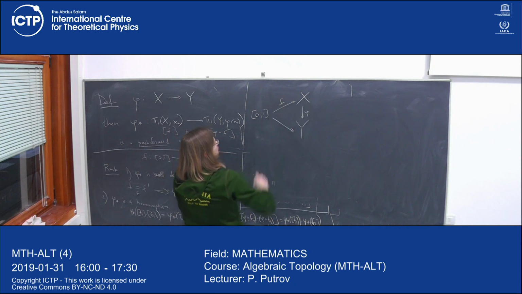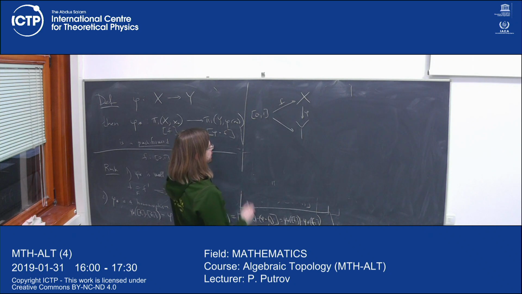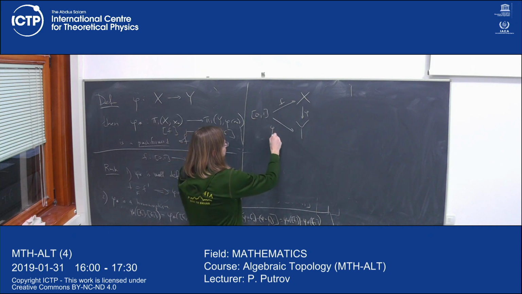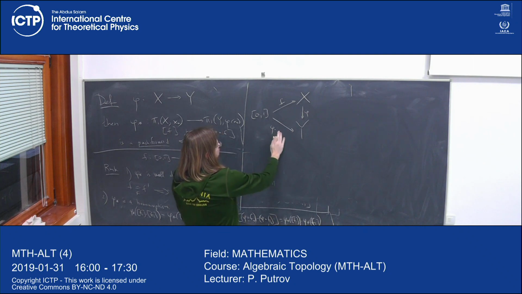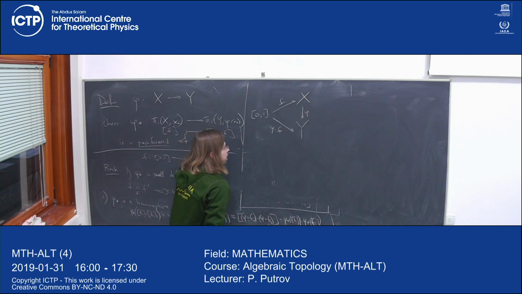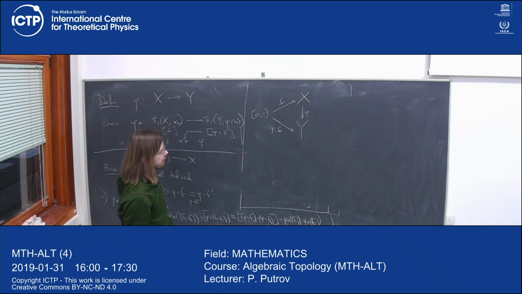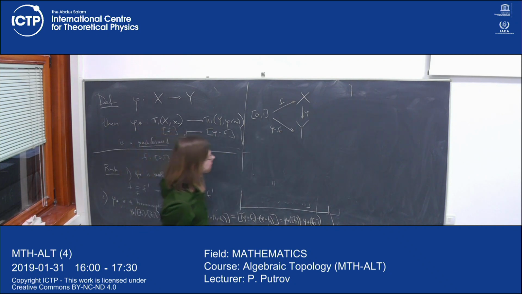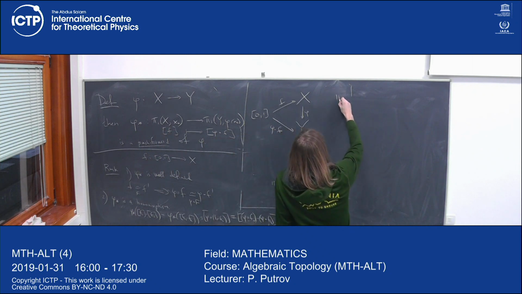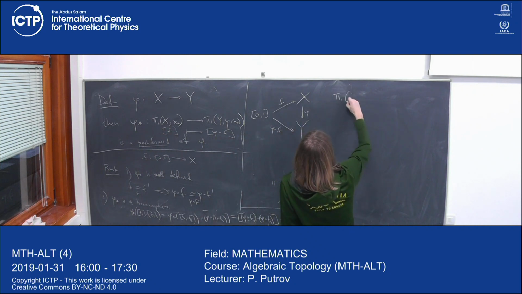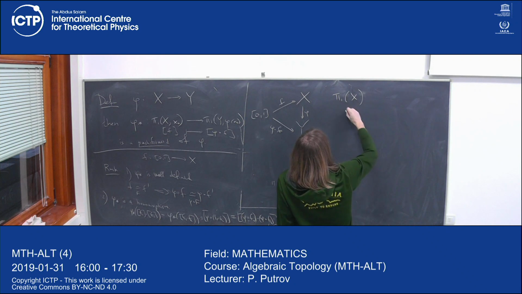So if we take some path in X, we can obtain a path in Y by taking a composition of f with phi, and so this is the induced map.